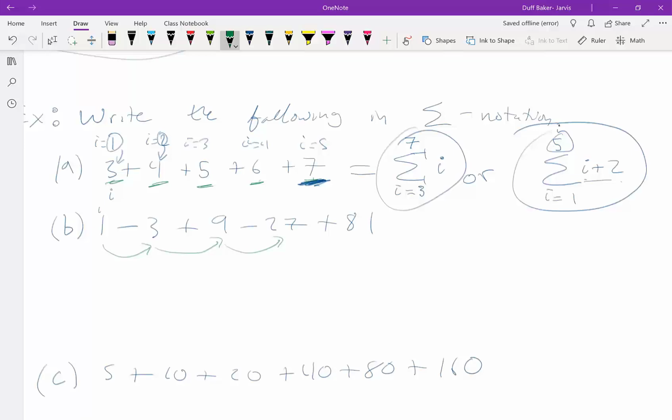So you have to ask yourself, it may not be obvious where you want to start. So let's try just having this first one correspond to I equals 1. Maybe so.